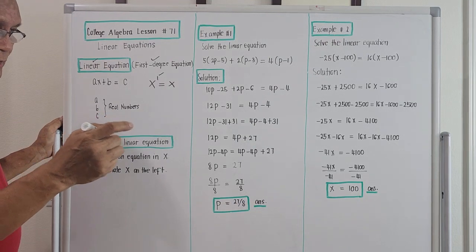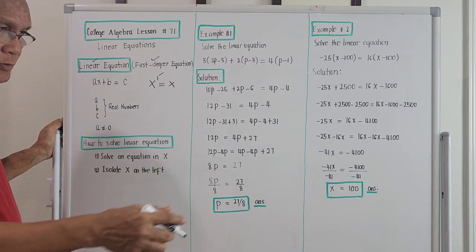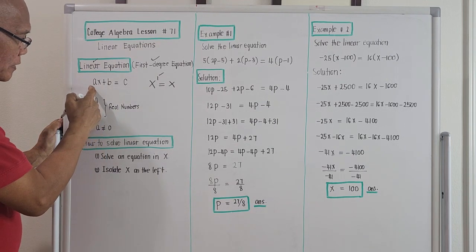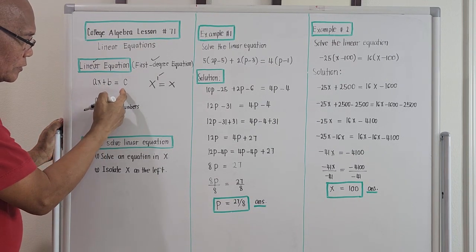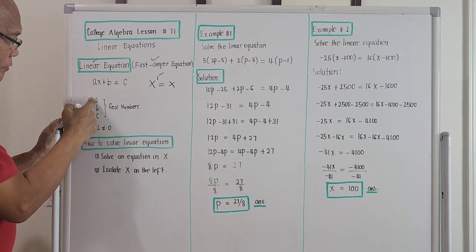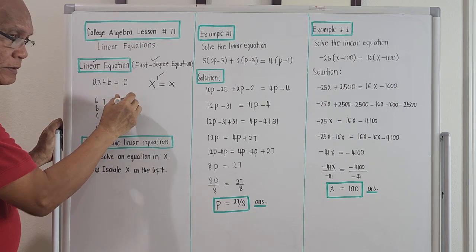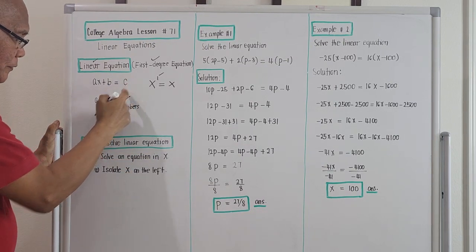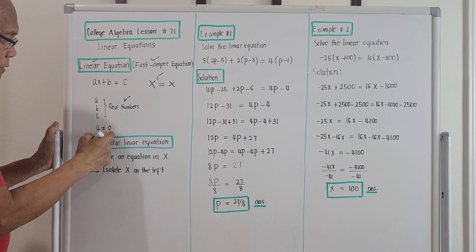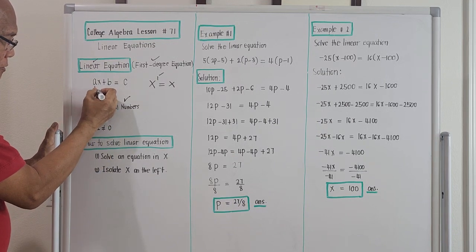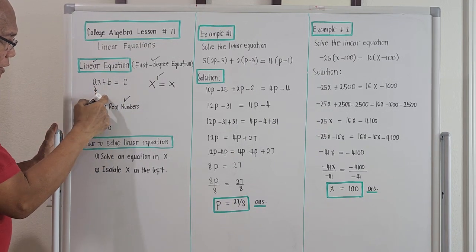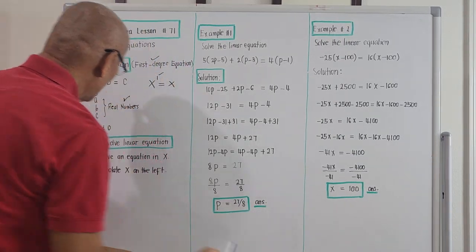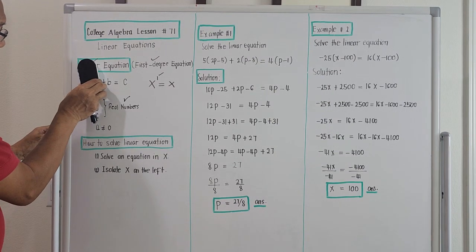If we bring out the form of a linear equation under the study of college algebra, it will be of the form ax plus b equal to c, where a, b, c are all real numbers, and there's a condition for this to be linear. a should not be equal to 0, because if a is 0, 0 times x will be 0, and we don't have anything.